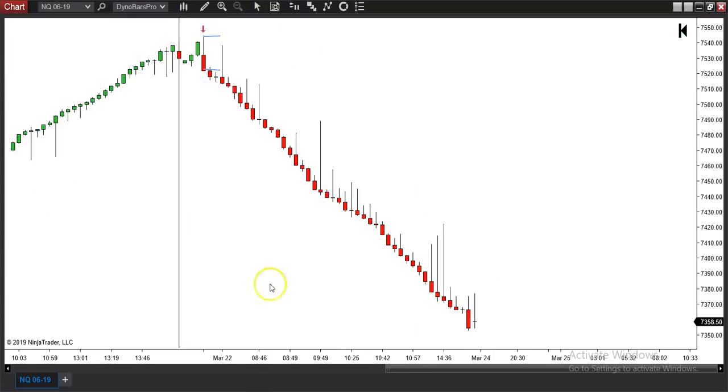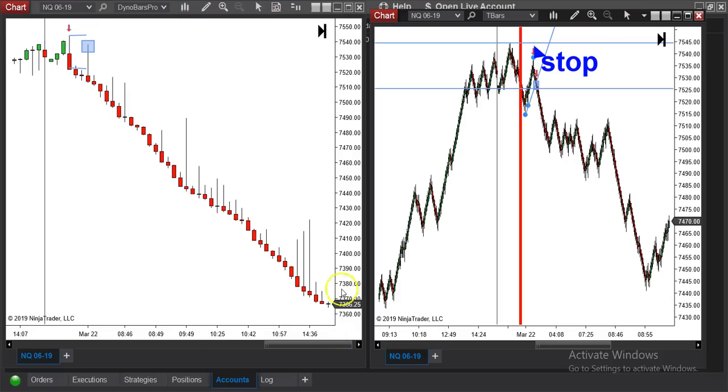If I jump back over to our Dino Bars chart, you saw me outline the signal, you saw me outline the retracement zones, and you physically saw that retracement with your own eyes. This retracement box right here was everything you saw us do on the T-bar chart right over here. And we didn't use any indicators.